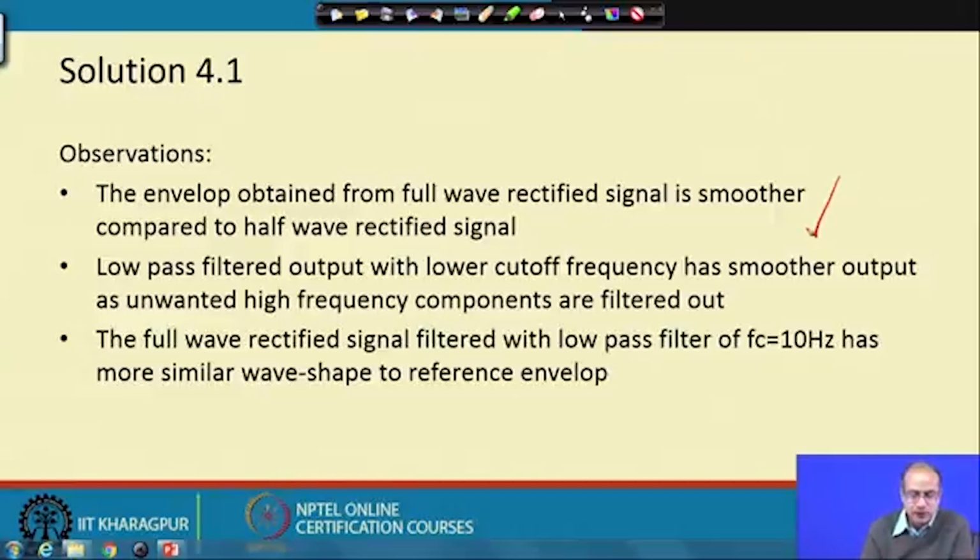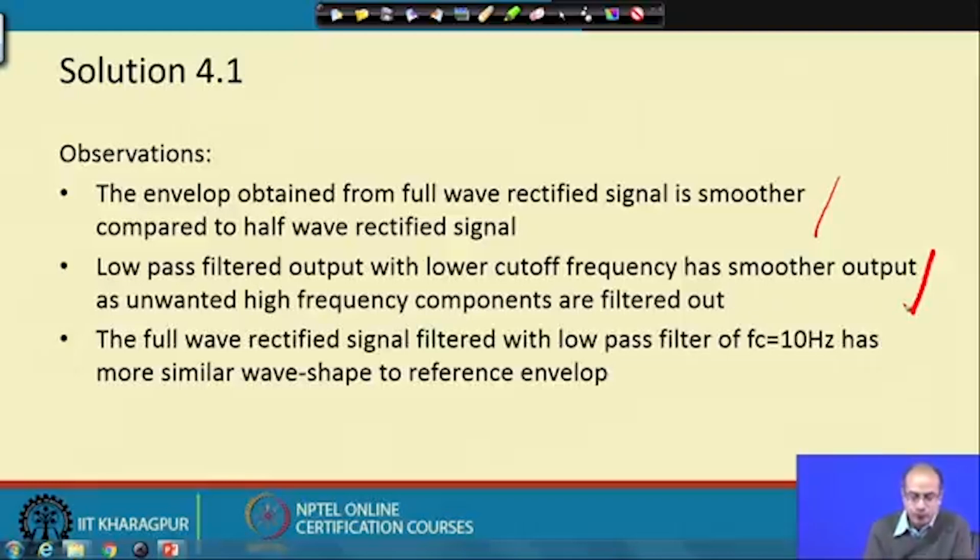The second part is that the low pass filtered output with low cutoff frequency has a smoother output as unwanted high frequency components are filtered out. When we are increasing the cutoff frequency, it is allowing more and more high frequency components and destroying the quality of the envelope.